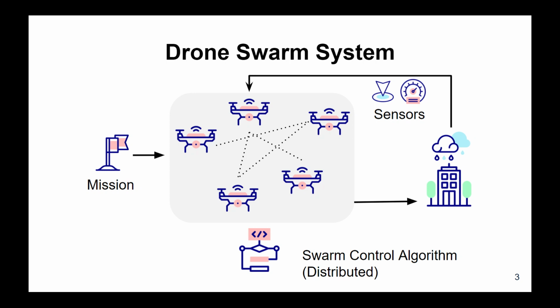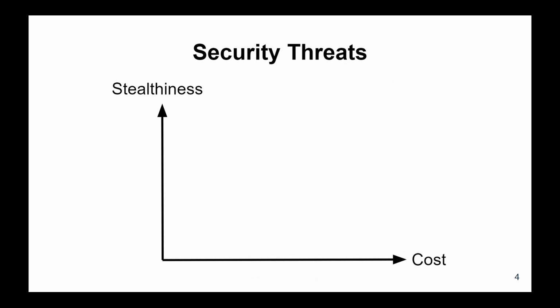However, several parts of the drone swarm system are actually quite vulnerable. These parts include the sensors, communication channels, and the swarm control algorithm. These security threats could be considered in terms of stealthiness and cost. Prior work has shown how to exploit logic flaws in the swarm control algorithms and masquerade attacks through the communication channel.